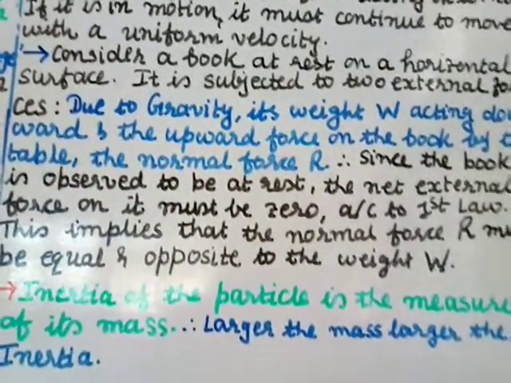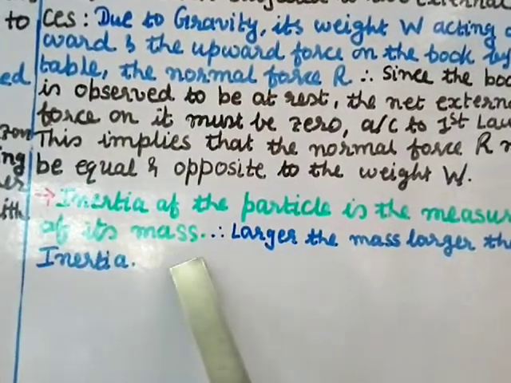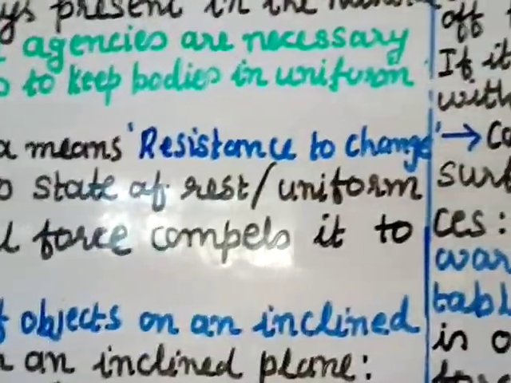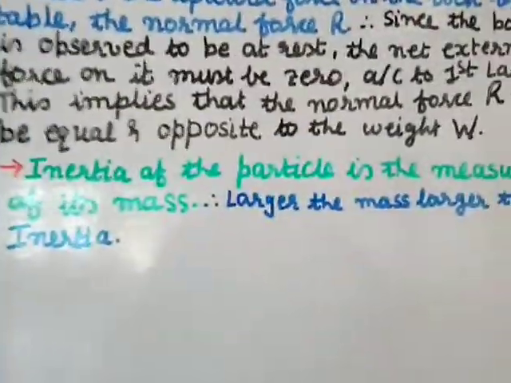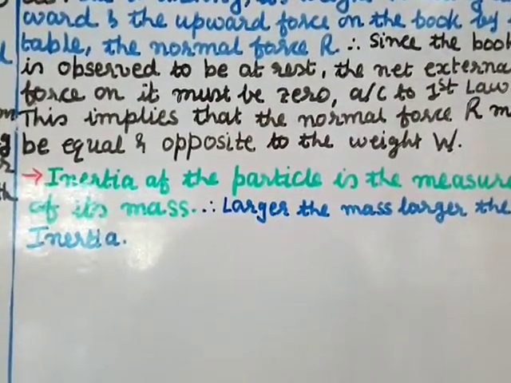Now something more about inertia: the inertia of a particle is the measure of its mass. The larger the mass, the larger the inertia. Inertia is a resistance to change. Think of a bicycle and a truck, both at rest.